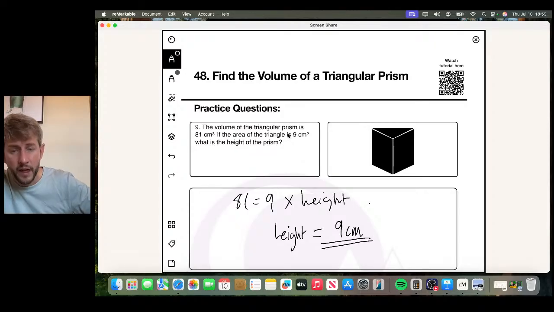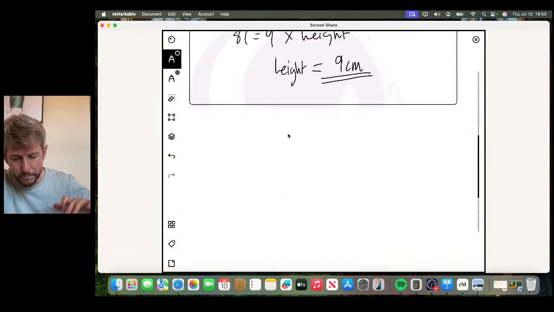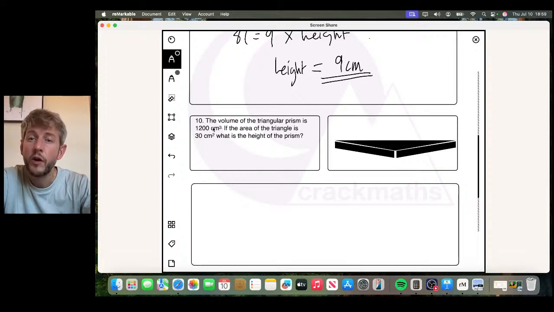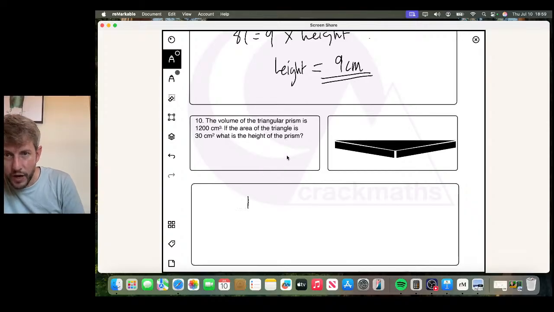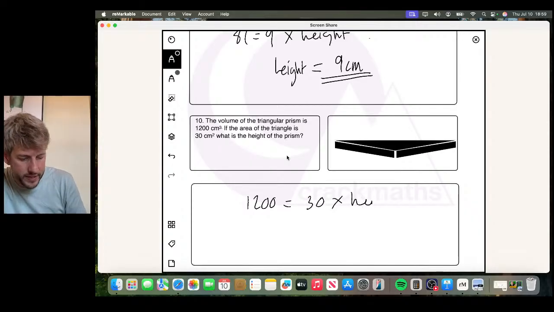Here we go. And lastly, question 10. And this one says, the volume of a triangular prism is 1,200 centimetres cubed. If the area of the triangle is 30 centimetres squared, what is the height of the prism? So again, we know that 1,200 equals the area of the triangle, which is 30, times the height.